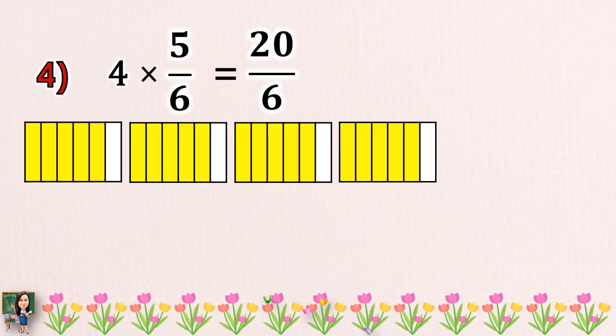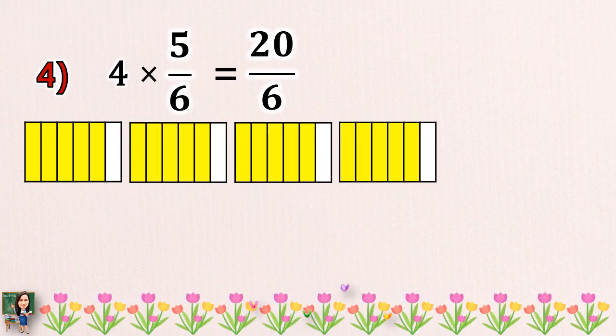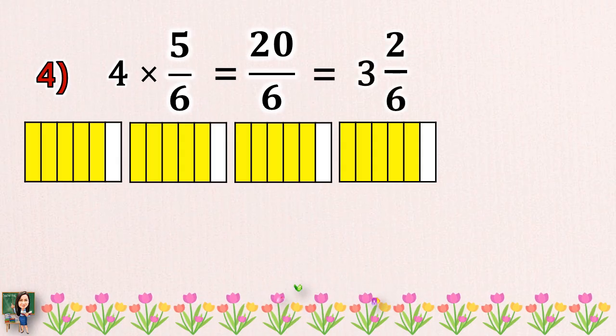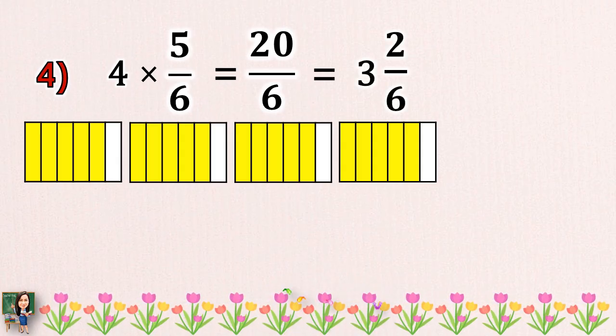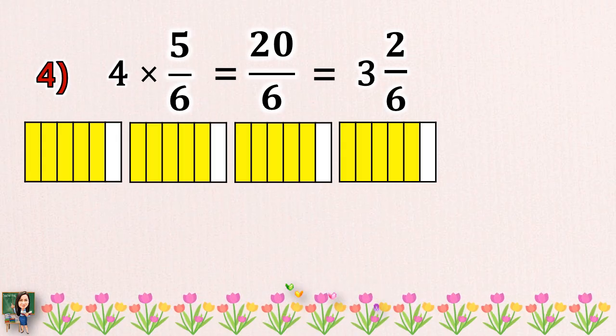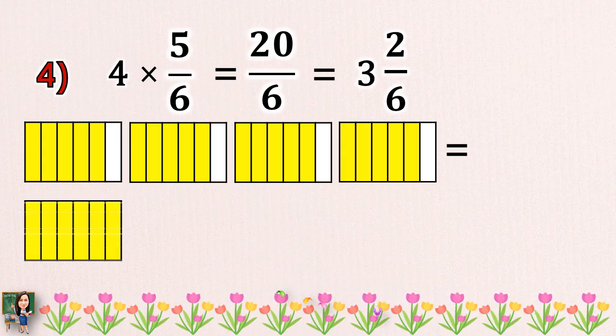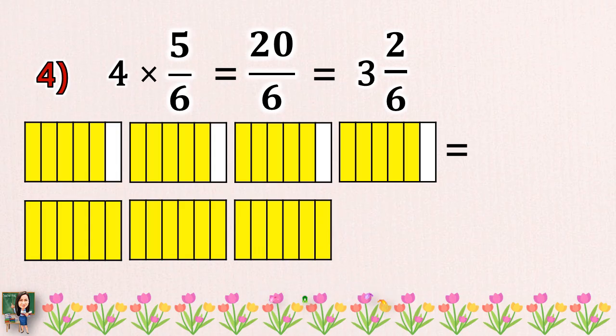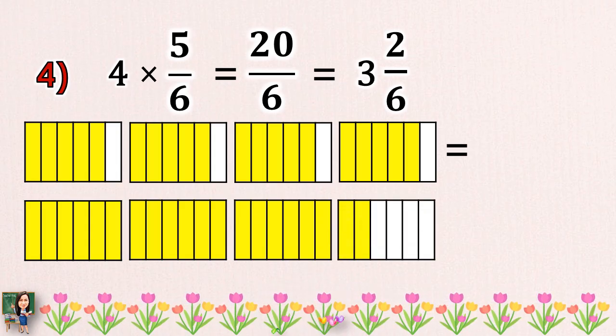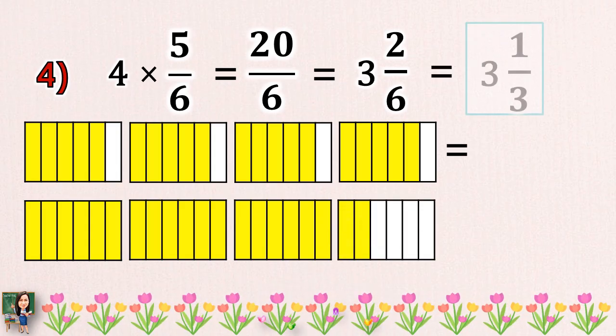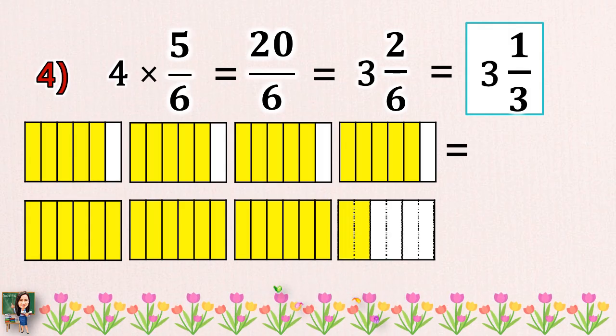Change this into a mixed number. 20 divided by 6 equals 3, remainder 2. So the answer is 3 and 2/6. The illustration for this mixed number is this: 3 and 2/6, or in the lowest term, 3 and 1/3.